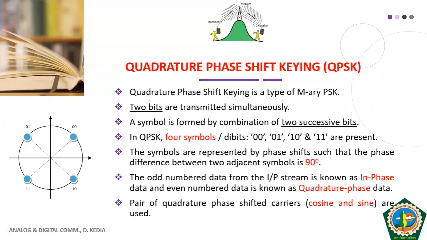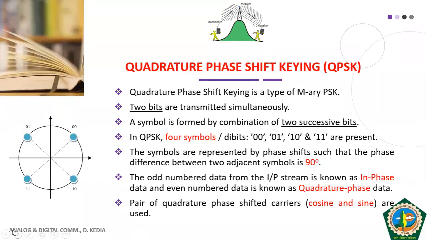Whereas in quadrature PSK, we will be transmitting 2 bits at a time. 2 bits at a time means 2 raised to power 2, that is 4 digital symbols. That's why we can call it 4 PSK. These 4 digital symbols will be transmitted in quadrature, so that's why it is called quadrature PSK.